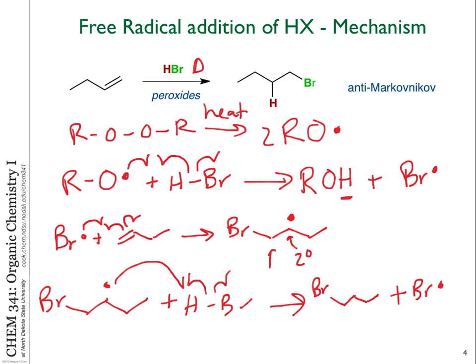If you throw in peroxides, all of a sudden you have this first part happening faster first. You generate Br radical, and that adds first. And it's the hydrogen which adds second. Okay, and that switches the position based on the mechanism. Okay, you see how that's similar to the carbocation chemistry, but we've just changed what the reactive species is we're adding first.